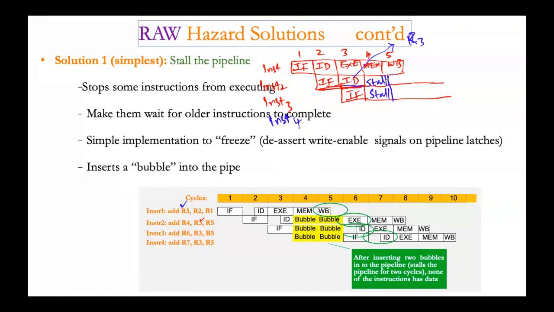At the fifth cycle, in the first half, the write back writes the result into R3. So this stall continues up to the first half, and in the second half, R3 is ready with the data.